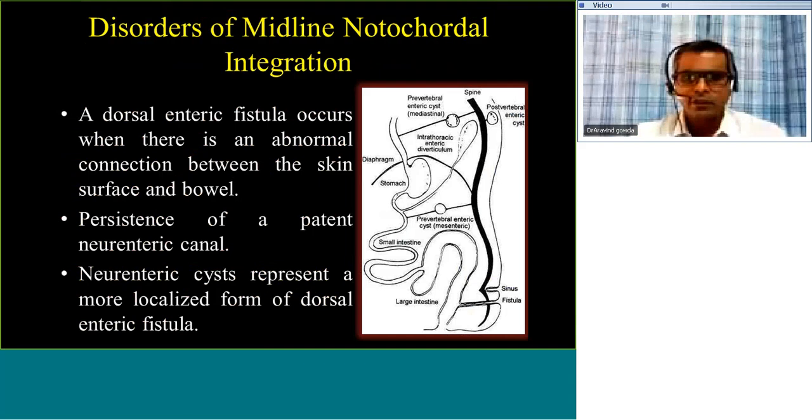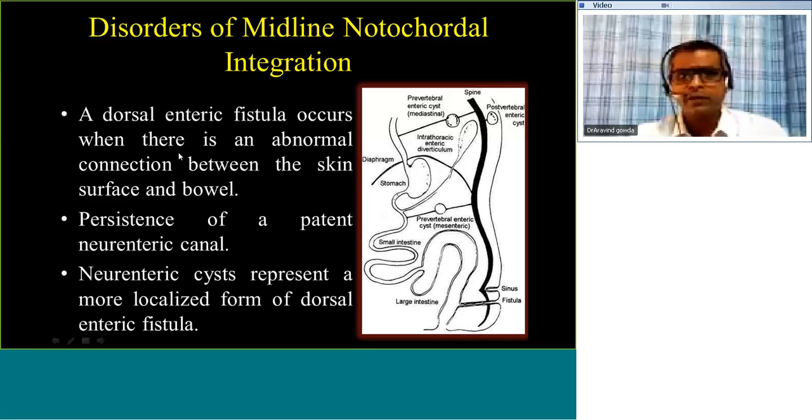In a dorsal enteric fistula, the entire notochordal canal will be persistent, whereas in a neuroenteric cyst, a part of the notochordal canal is persistent, and eventually it will give rise to the neuroenteric cyst, which is lined by ependymal cells. A dorsal enteric fistula occurs when there is abnormal communication between the skin surface and the bowel.